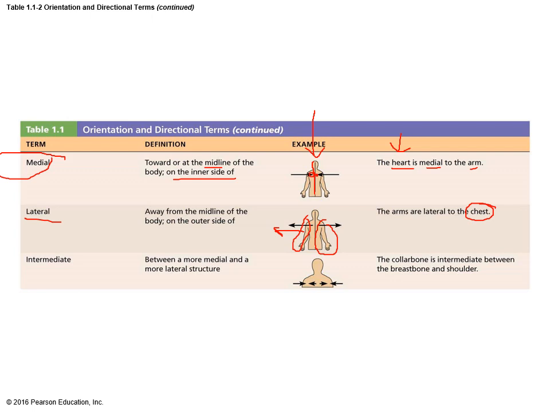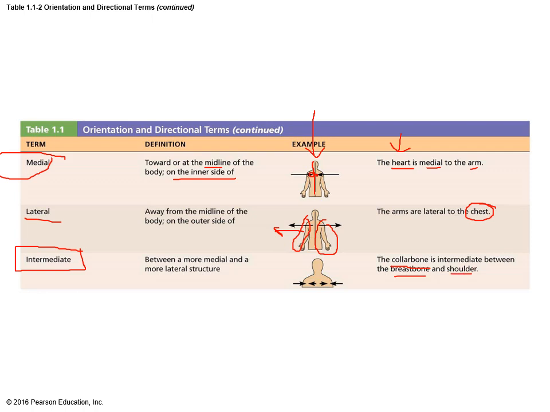And then if you have something that is sort of like in between the middle and the side, then we will utilize intermediate. And I really like the example that the book uses. It says the collarbone is in between the breastbone and the shoulder.